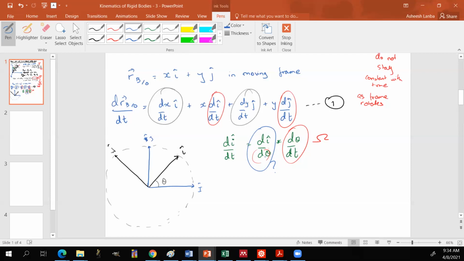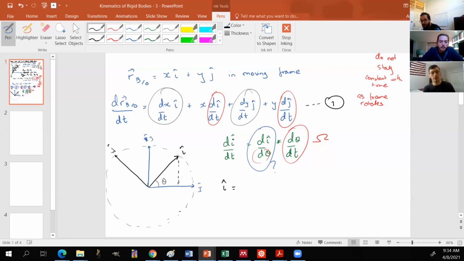Right? So what we do is we can write that little i hat. So what we're basically doing is this little i hat vector, we're going to write it in terms of the vectors capital I hat and capital J hat, right? So for little i hat, in terms of this angle theta, what is the component in the uppercase I hat direction?